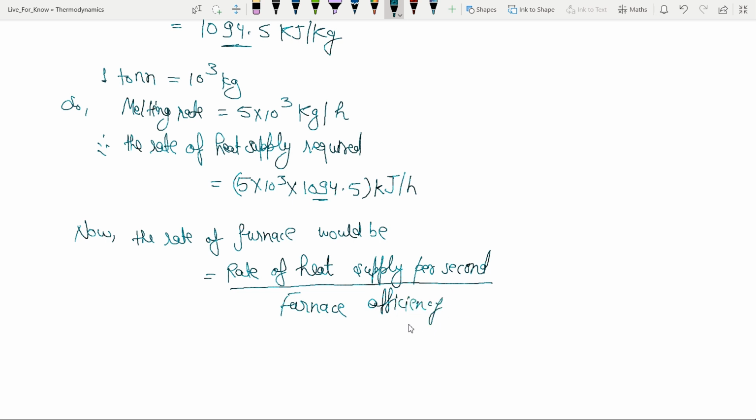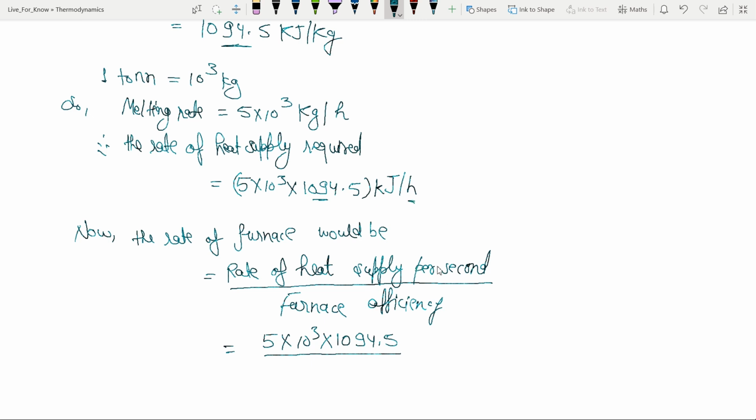So it is 5 into 10 to the power 3 into 1094.5, which is per hour.